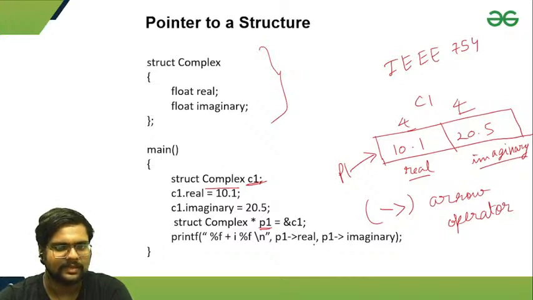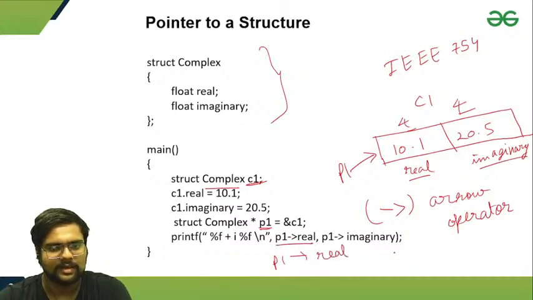So p1 arrow real will print 10.1, and then p1 arrow imaginary will print 20.5.